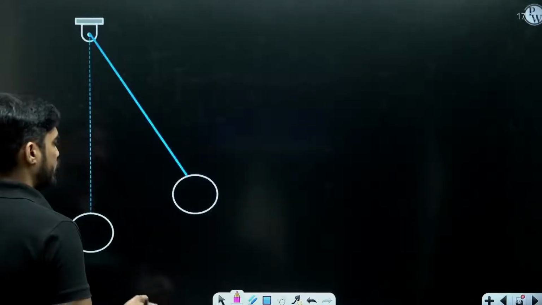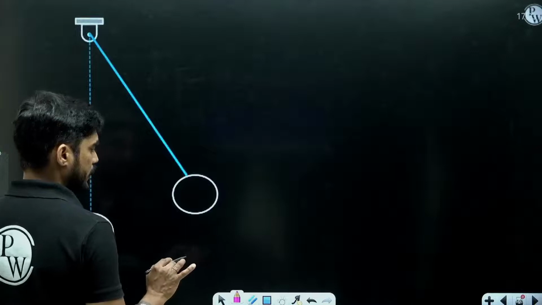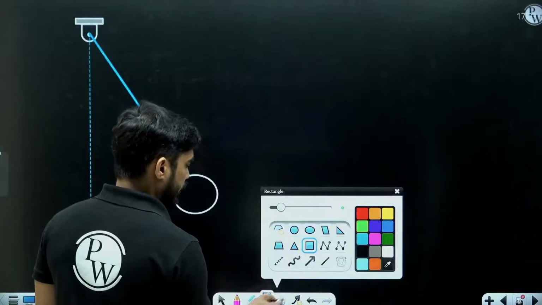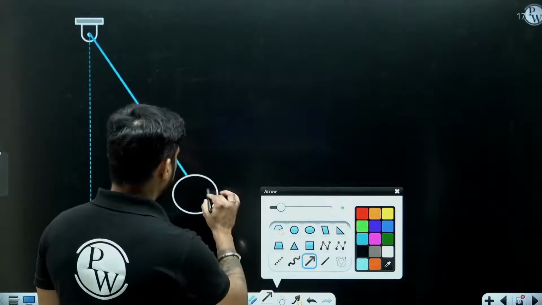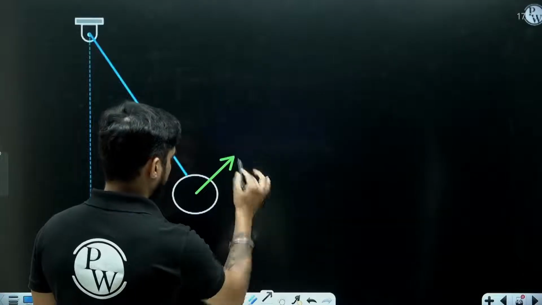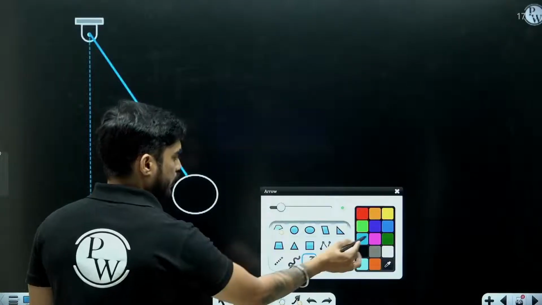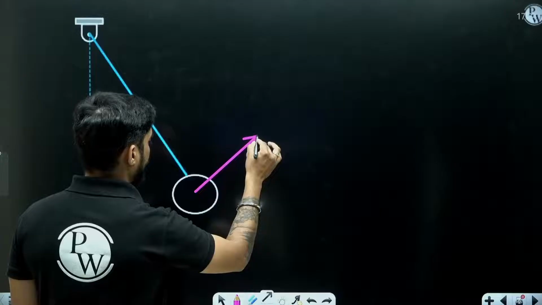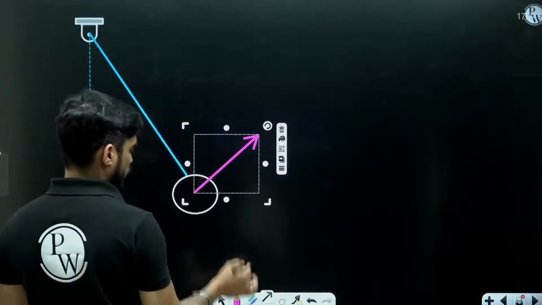Another method is we can write the equation directly by considering the velocity perpendicular to this string.